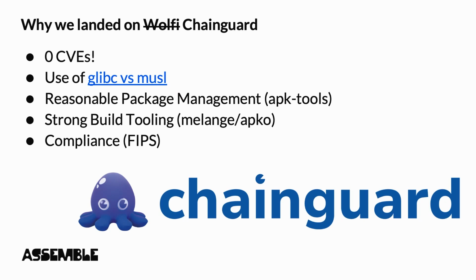So 0 CVEs, obviously that's the headline. That's a great plus. One of the big ones was the use of glibc versus musl. So again, we had been bit by some of those stability issues, and just the fact that they had standardized on a reasonable baseline was great. Reasonable package management tools. So if you look at something like Google Distroless, it doesn't have a built-in package manager.